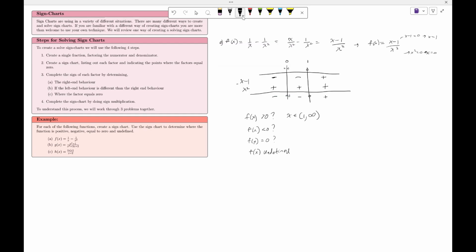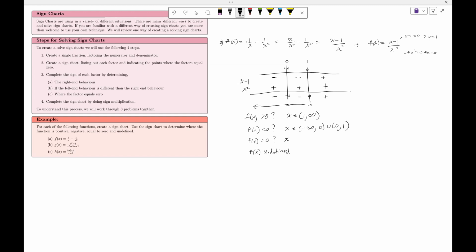Where am I less than 0? Well, I'm less than 0 everywhere less than 0 and between 0 and 1. My function is negative here. So this is x in the interval minus infinity to 0, union with 0 to 1. And where does f of x equal 0?